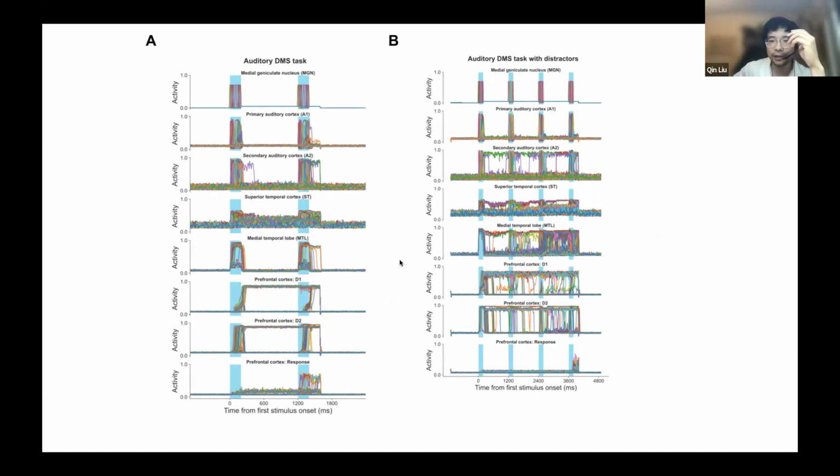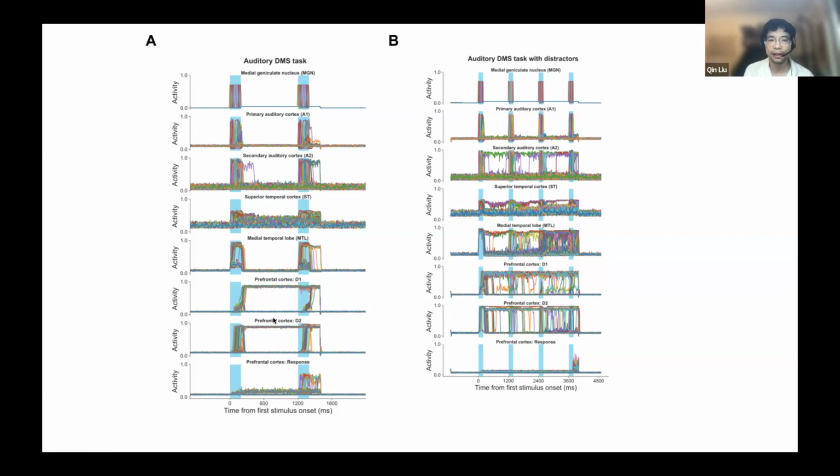So here are the simulation results. I just want to briefly show you. On the left, it's a very simple auditory delay match to sample task, same as the visual delay match to sample task I just showed you. So the model can correctly respond to the second sound if it's a match.